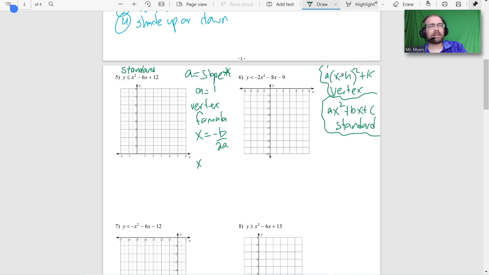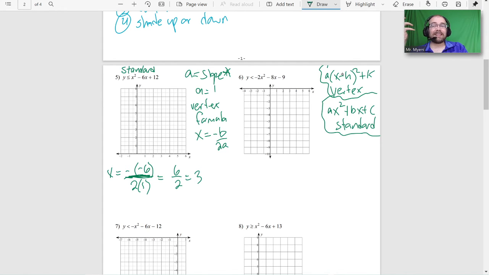Let me get rid of this, actually. Redraw it over here. So x equals negative b, which is negative 6. Be careful. It's the opposite of negative 6, which is a positive 6, over 2a. So that's 6 over 2, which is 3.